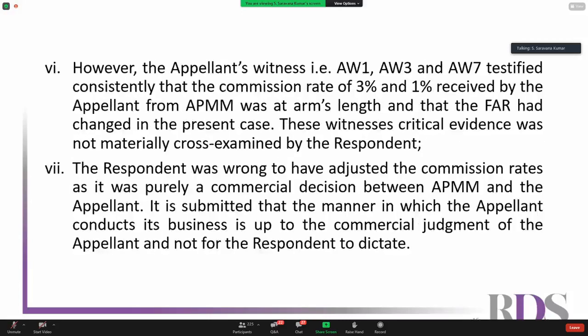But you see how the judge said, after comparing her evidence, that AW1, 3, and 7 testified very clearly, and these witnesses' critical evidence was not cross-examined by the IRB. So the IRB didn't even put the case to them. Our expert witness was so strong that their evidence couldn't be challenged by the IRB in court.